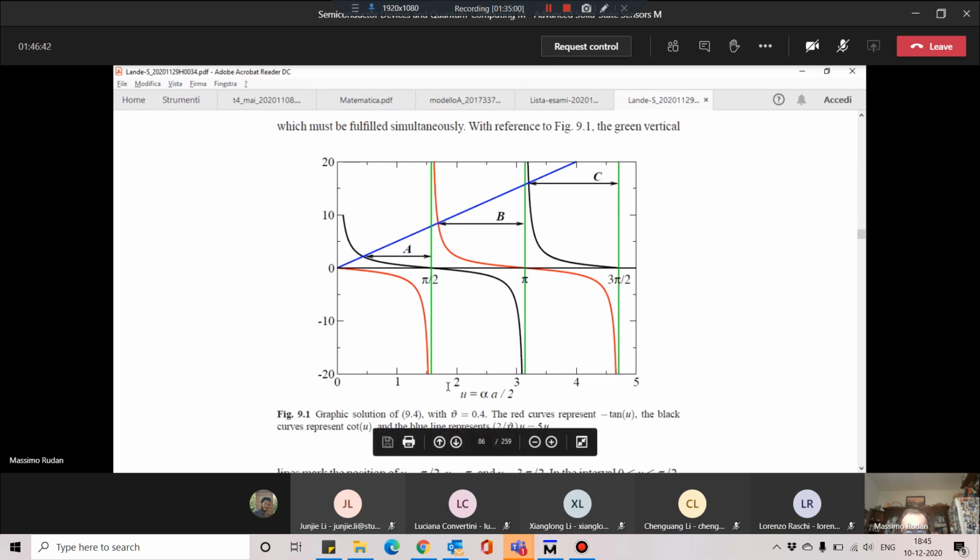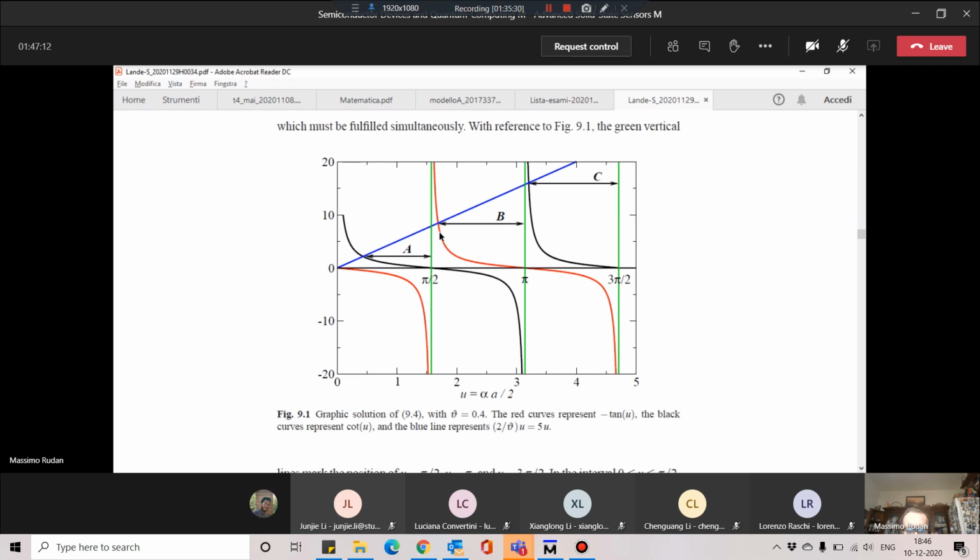Then we must transform it in the units of energy, but in the units of U, this is the first band. The second band again must be such that the blue line is above the red line and the black line. Okay, so in this case the blue line is always above the black line, but not always above the red line.